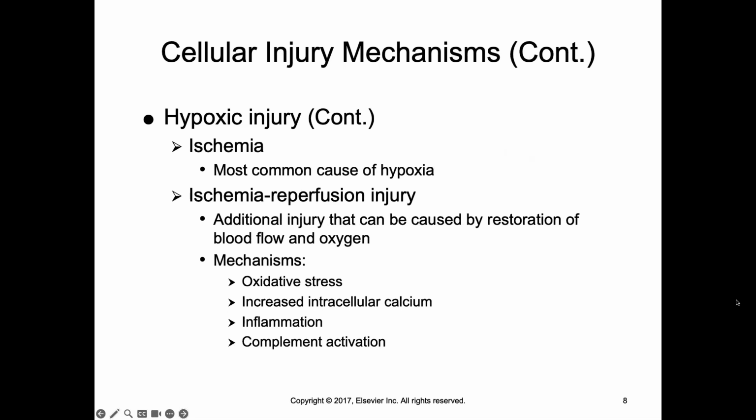Ischemia is the most common cause of hypoxia. Ischemia just means that there is limited blood delivery to the region. In ischemia reperfusion injury, additional injury can be caused by restoration of blood flow and oxygen. The mechanisms include oxidative stress, increased intracellular calcium, inflammation, and activation of complement.